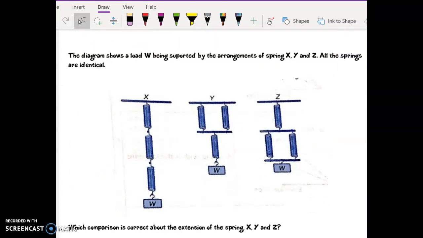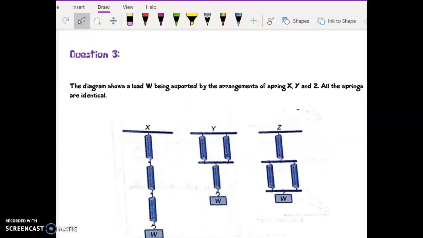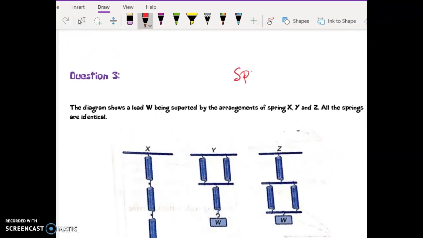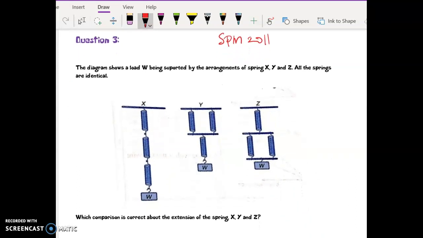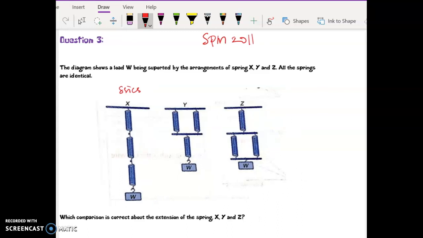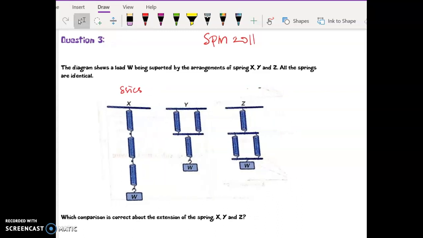Okay, so here I have one SPM question. This is an SPM 2011 question. You are given 3 diagrams. X is arranged in series. Y and Z are a combination of series and parallel. Here you are not given the load, and you are not given the extension. So what you can do is assign a value.